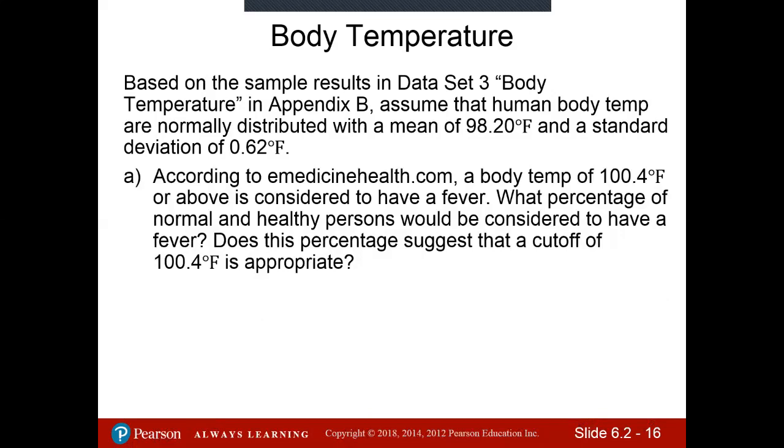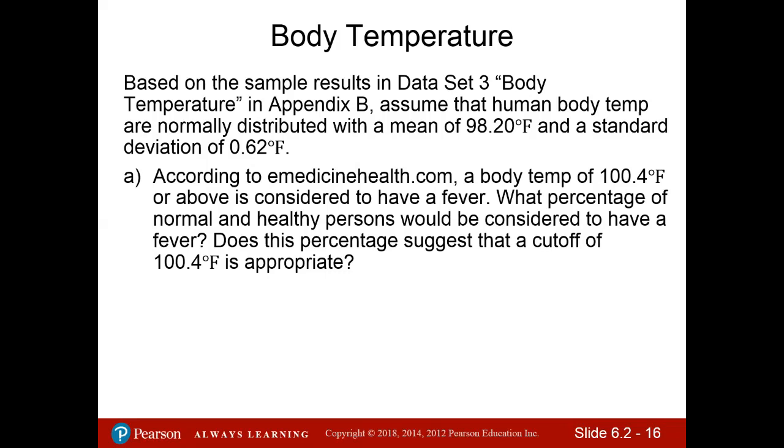According to emedicinehealth.com, a body temperature of 100.4 degrees Fahrenheit or above is considered to be a fever. We don't know that for coronavirus yet, but this is from this website.